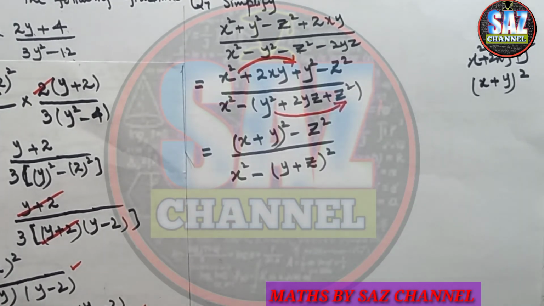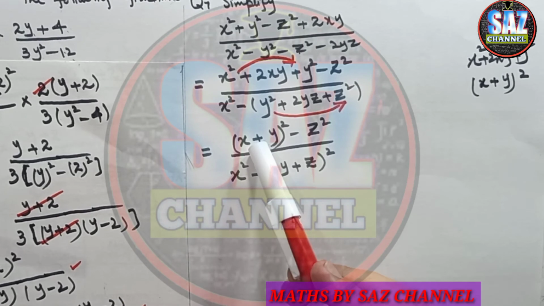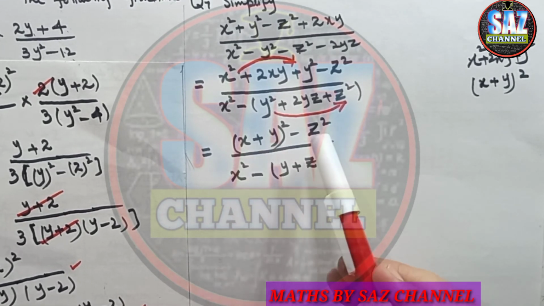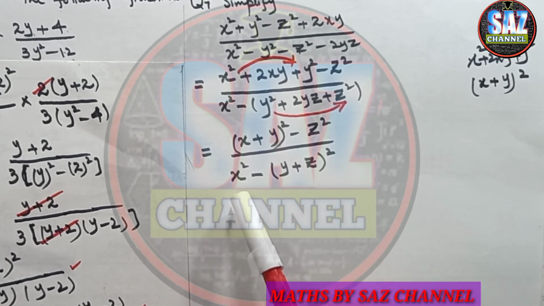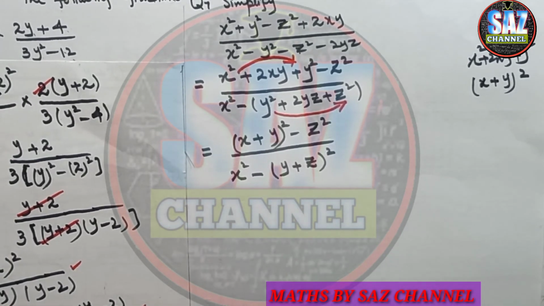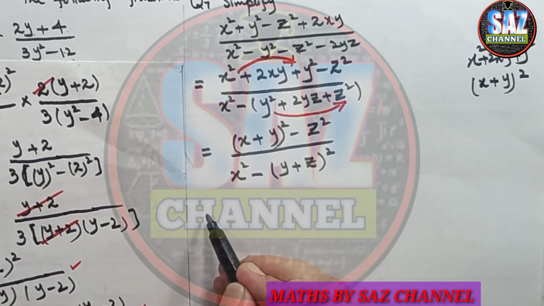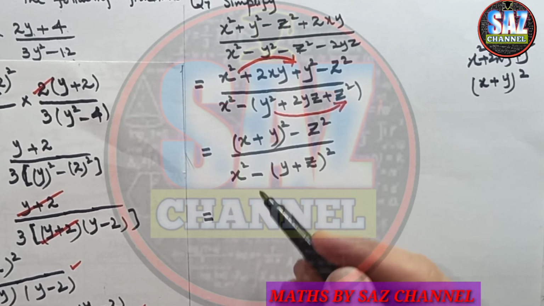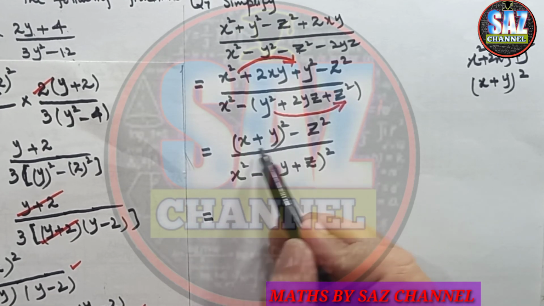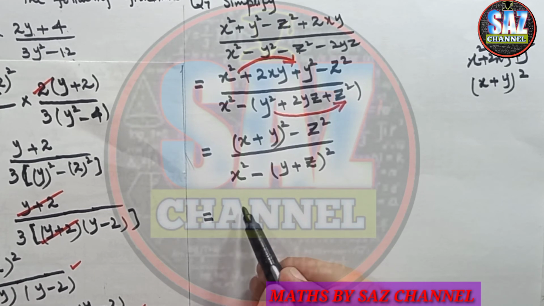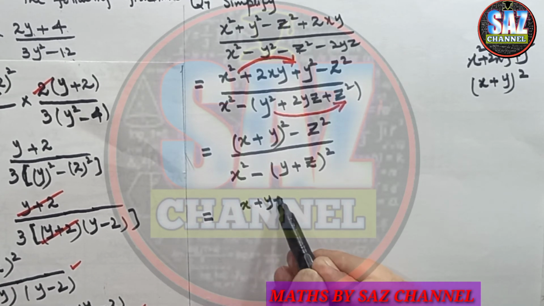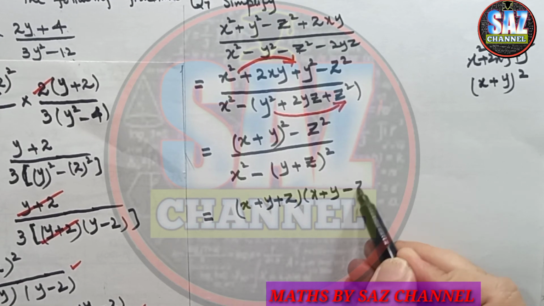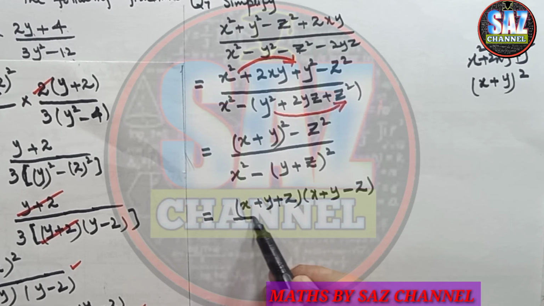Now if we take this x plus y whole square as a single term, then it's the application of a square minus b square, that is the difference between two squares, and the same for the denominator. So in the next step, I have to write it in the form of a plus b multiplied by a minus b, and a for the numerator is x plus y, so it will become x plus y plus z into x plus y minus z, a plus b multiplied by a minus b.